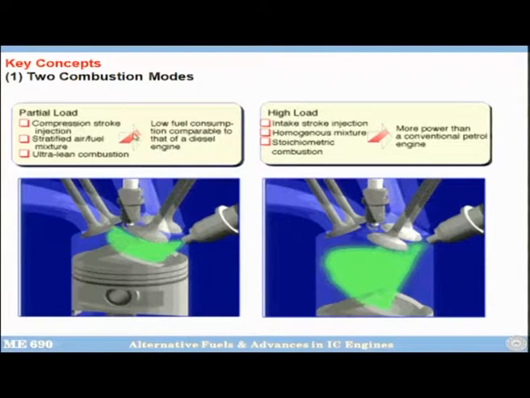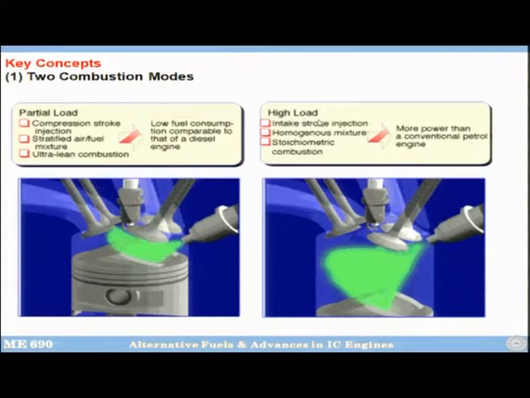So this is a compression stroke injection. Here a stratified air-fuel mixture is formed because the fuel will be concentrated very close to the spark plug. In other areas there will be no fuel. Okay. So this is a stratified air-fuel mixture, and overall this is a very ultra lean combustion, and this leads to very low consumption comparable to that of diesel, and you can have higher efficiency.